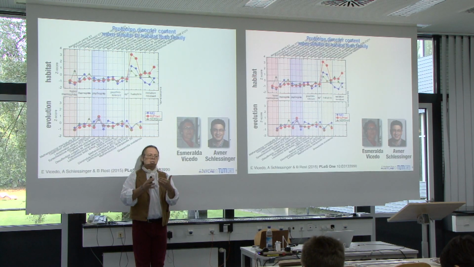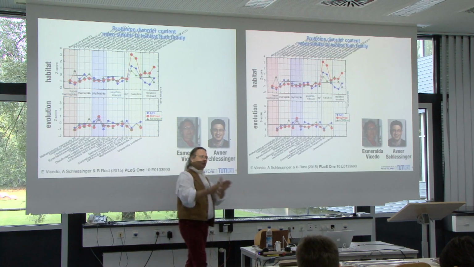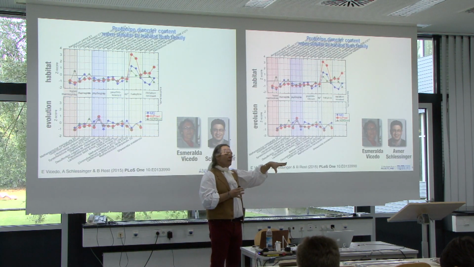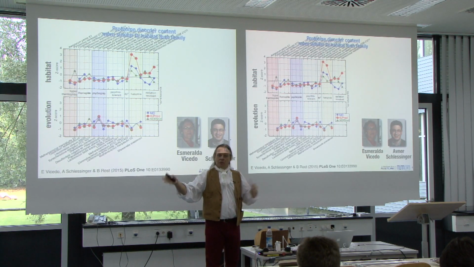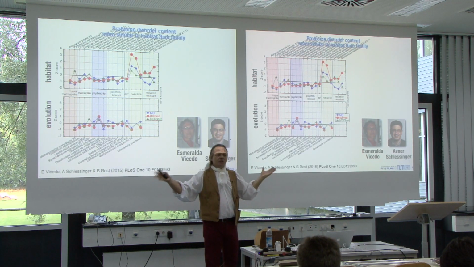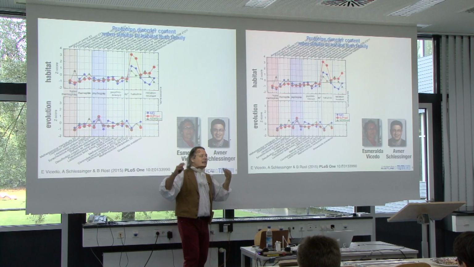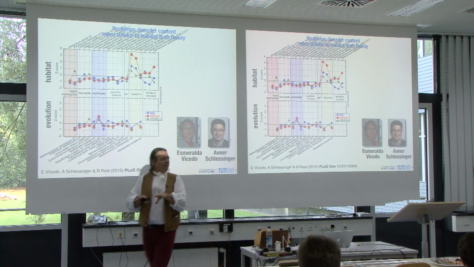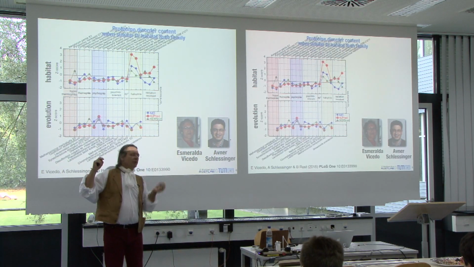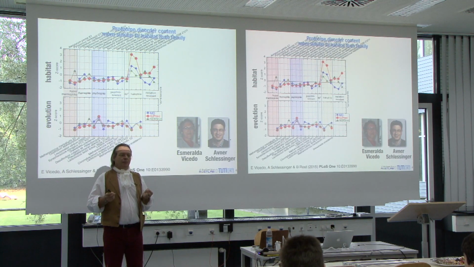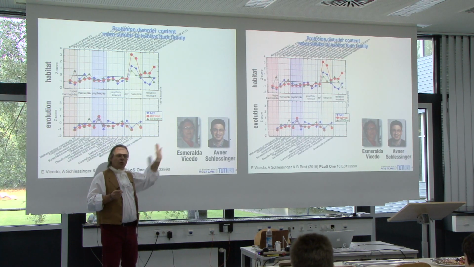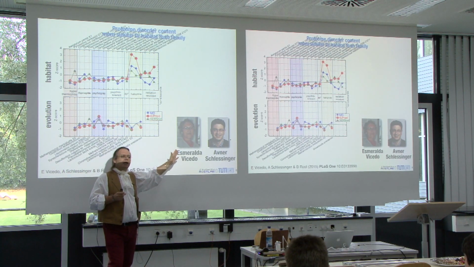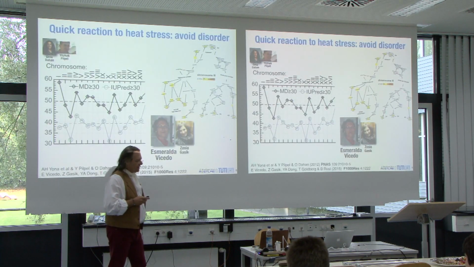It turns out that you're more similar to the one who lives in your environment in terms of disorder content than you are to your relatives, which is surprising. But it tells you something about the adaptability. So it's like you move into a different environment and you put on a little bit less or more disorder and you fit. And that's remarkable. It's not causal, but it's a surprising correlation that is observed here.